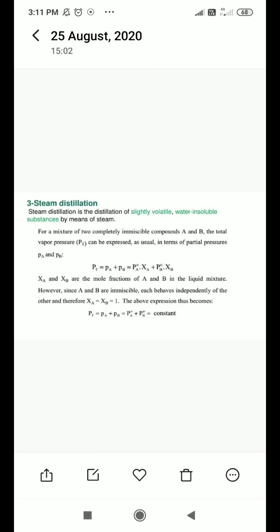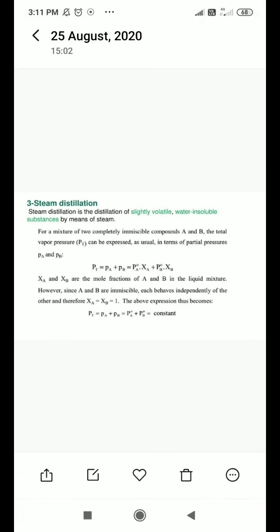Small t, the total vapor pressure, is equal to PA plus PB, the partial pressures of the immiscible compounds A and B. It means the sum of each compound's vapor pressure is equal to the total vapor pressure.